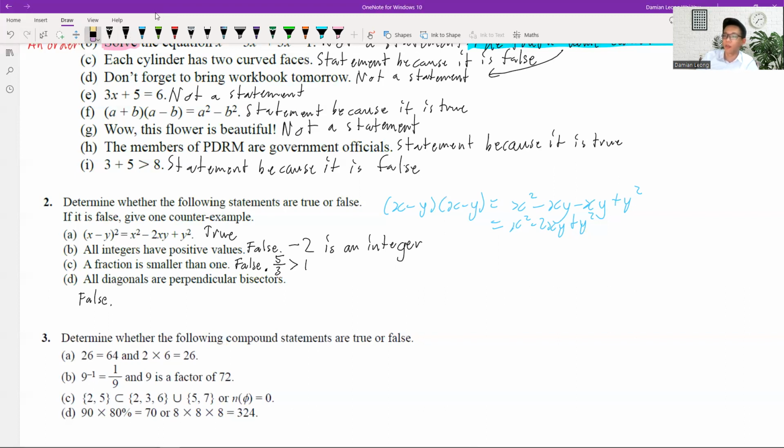But for most other shapes, it's actually not. Let's say rhombus also, diagonals will be perpendicular bisectors. So I can say maybe even rectangle.